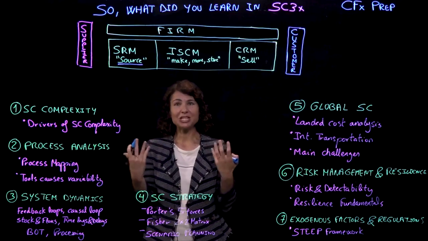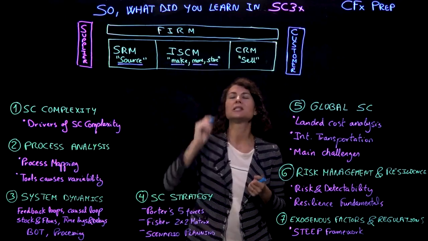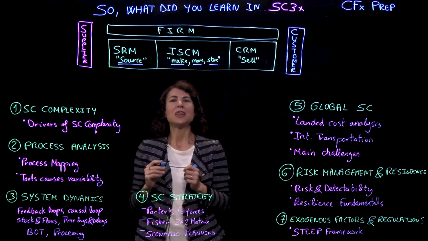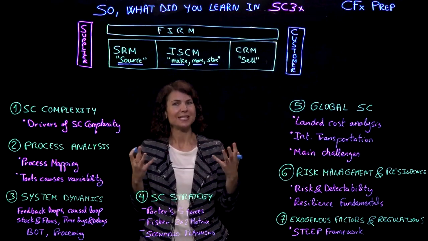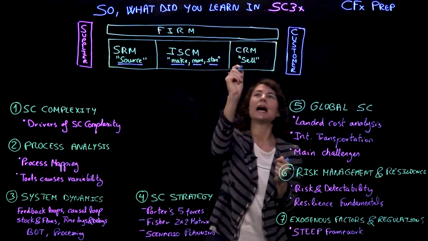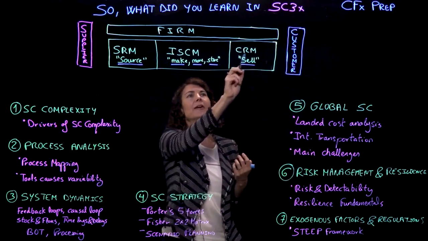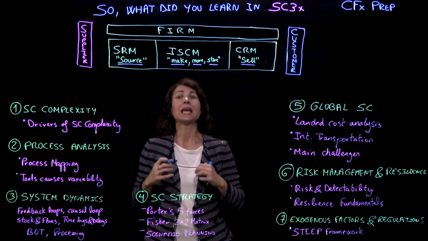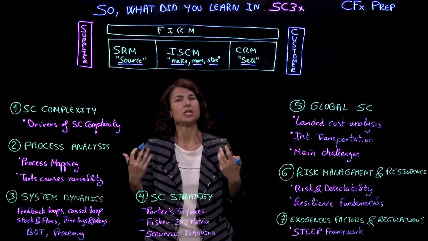This part of the supply chain is in charge of make, move, and store the final products. And in the last part, we have the customer management processes. Those are in charge of the selling part, to sell the product, and also in charge of the relationship with the customers. CRM is the customer relationship management information system that helps firms to manage their relationships with their customers.